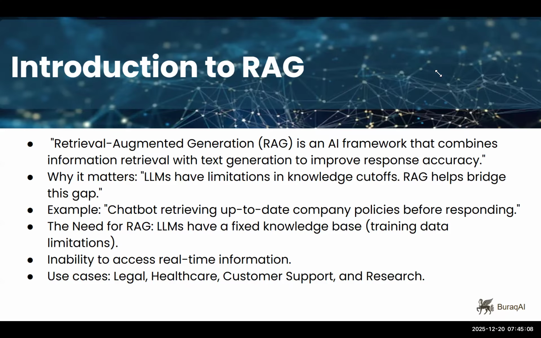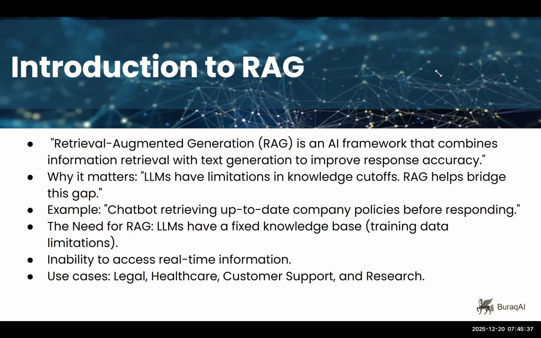So retrieval augmented generation, which we have been talking about, is an AI framework that combines retrieved information with text generation to improve response accuracy. Why does it matter? LLMs have limitations in knowledge cutoff, and RAG helps bridge this gap. Example: a chatbot retrieving up-to-date company policies before responding.